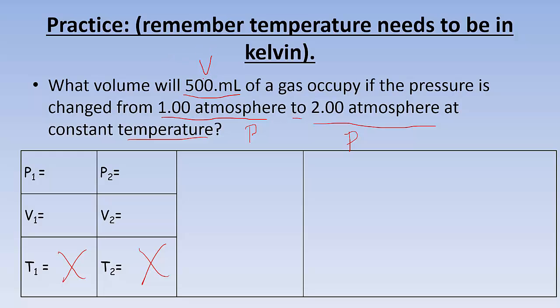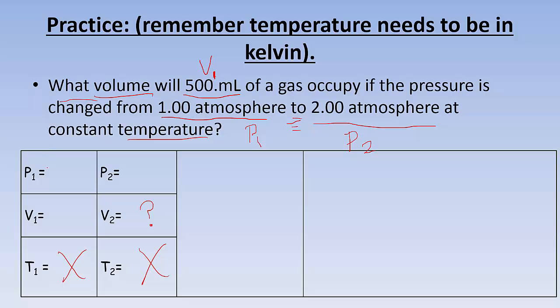It says what volume will the 500 milliliters of gas occupy if the pressure is changed from 1 atmosphere? So we're talking about the initial condition here. And that must mean what volume? They're asking for V2, so that's what we're solving for. It says change from 1 atmosphere to 2 atmospheres. So I know this 1 atmosphere is P1 and the 2 is P2.